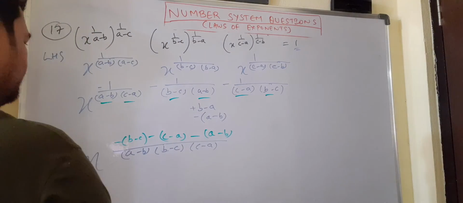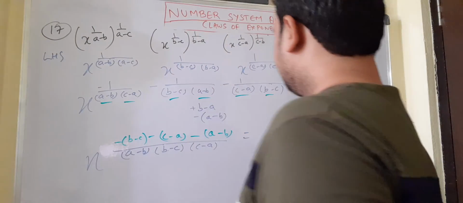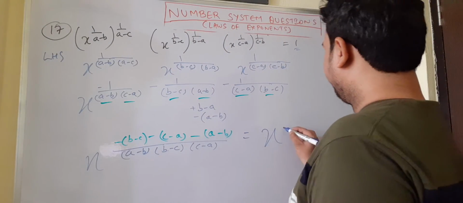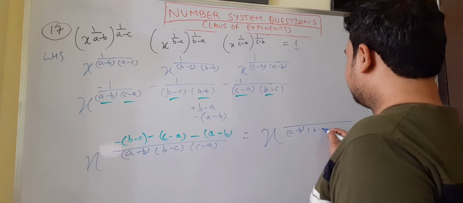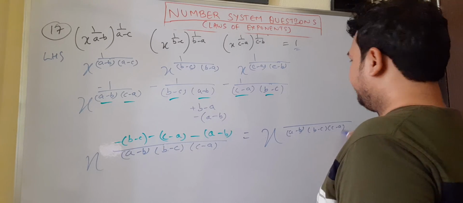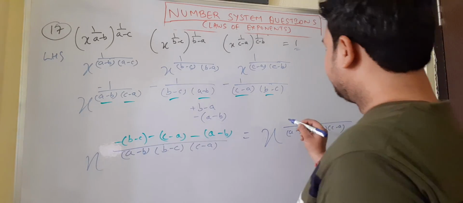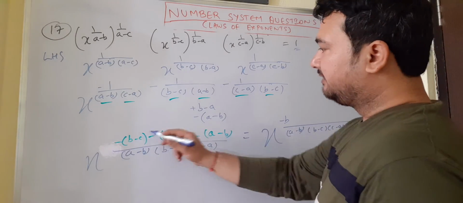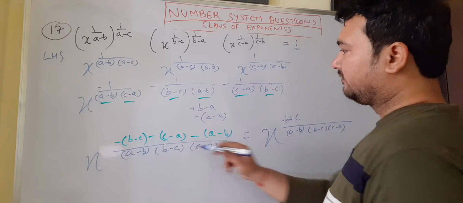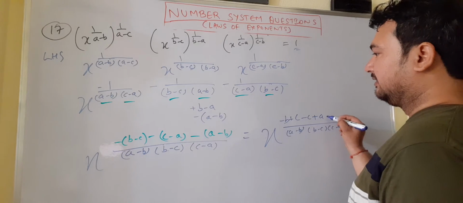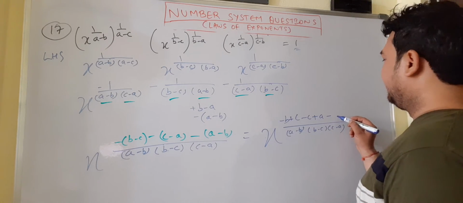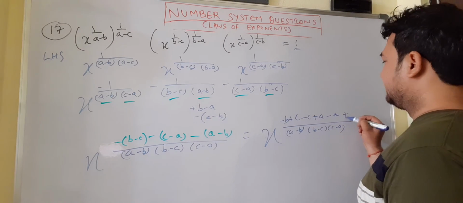Now see what happens. x raised to the power a minus b, b minus c and c minus a. Open up the brackets: minus b plus c, minus c plus a, minus a and plus b.